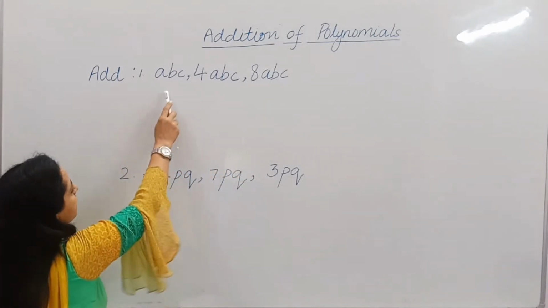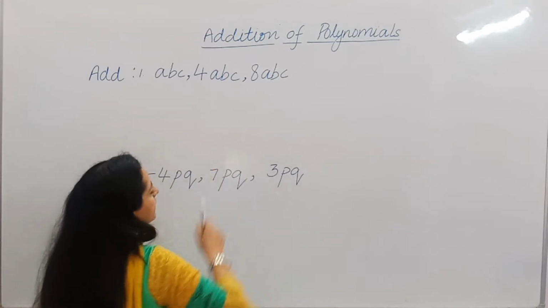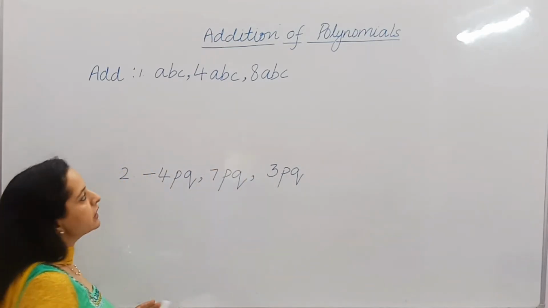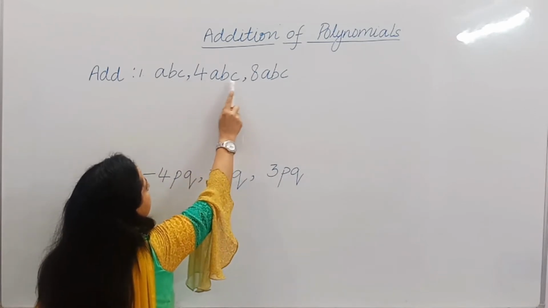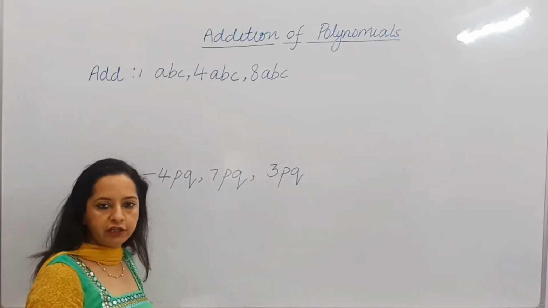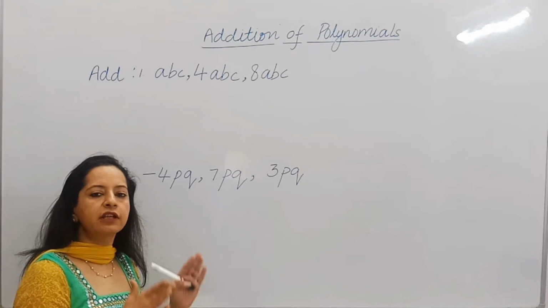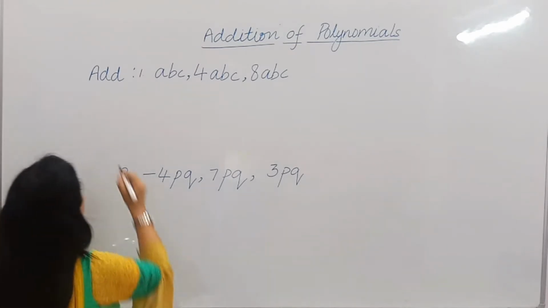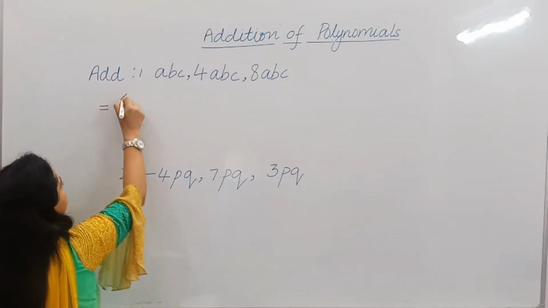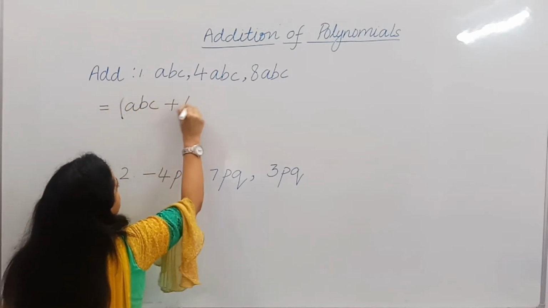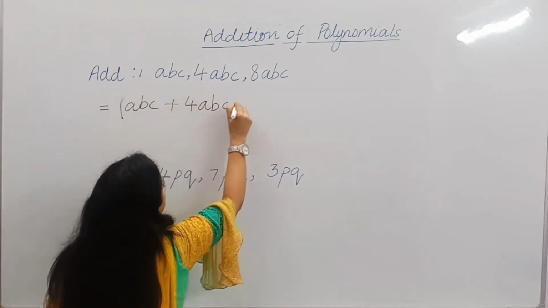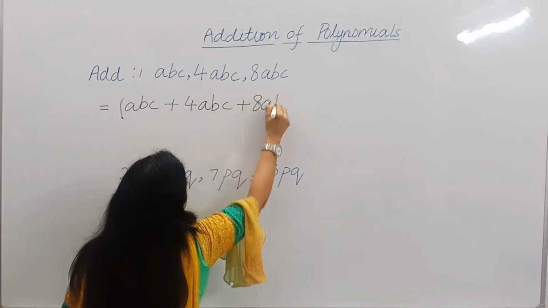We are adding here ABC, 4ABC and 8ABC. If you see, these are all like terms having the same literal coefficient ABC but different numerical coefficient. So we will take the literal coefficient common in this and add the numerical coefficients. So here first we will write ABC plus 4ABC plus 8ABC.